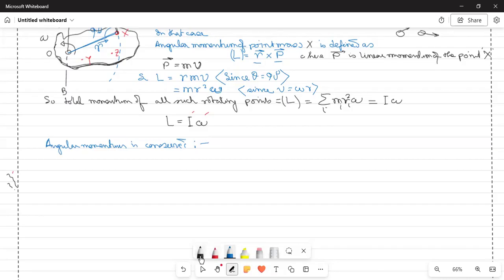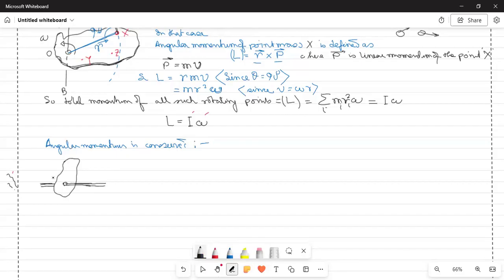For example, you can take some example. Let us say there is a body, regular or irregular, whatever you say, and this body is rotating over an axle.